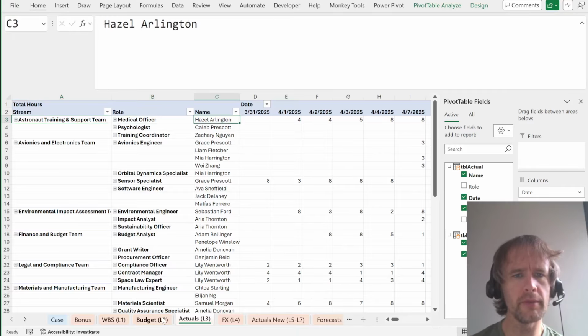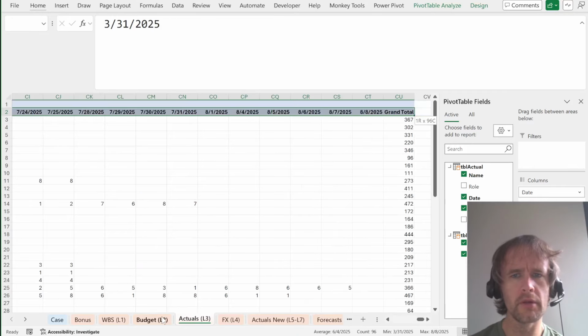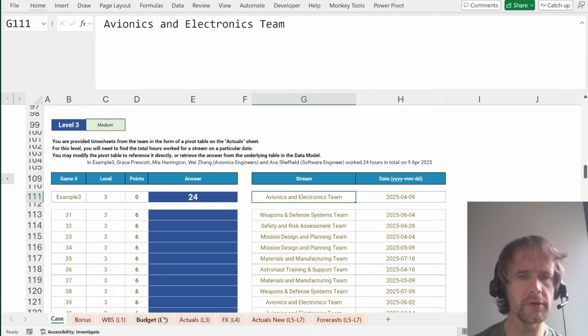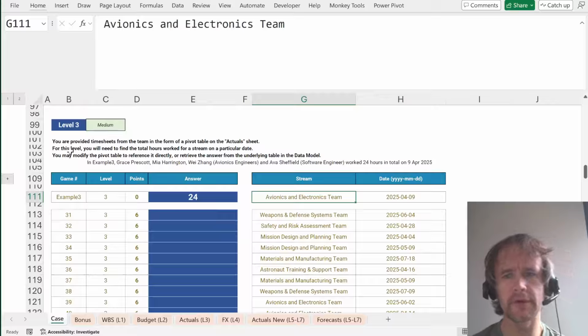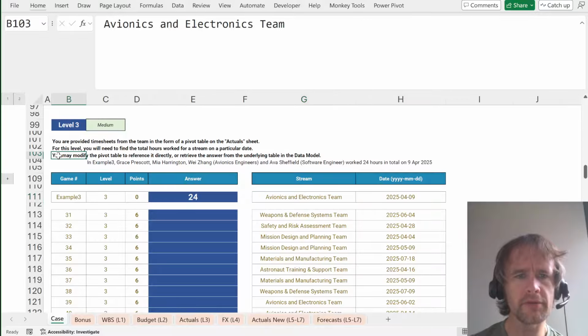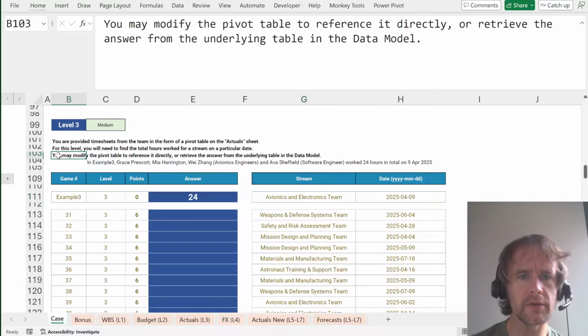Stream, role, name, date. All right, what do we actually want to know about? The total hours worked for a stream on a particular date. You may modify the pivot table to reference it directly or retrieve the answer from the underlying table in the data model.